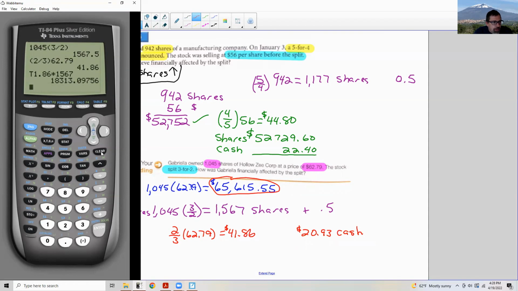I typed something wrong here. Okay, where was I? Let's try that again. 1,567 shares times $41.86 is $65,594.62.